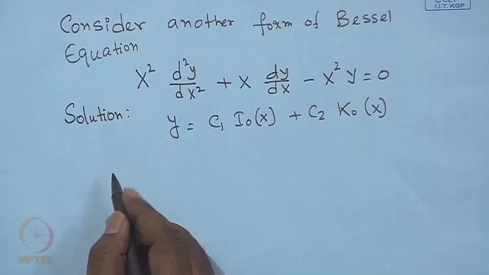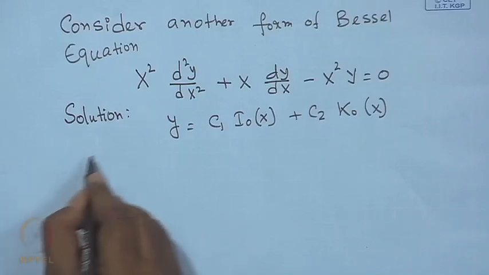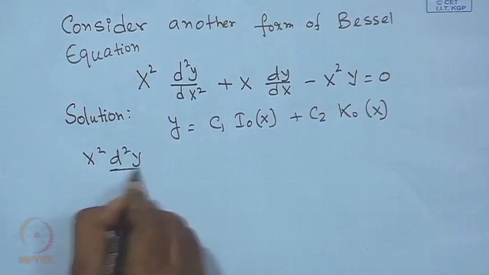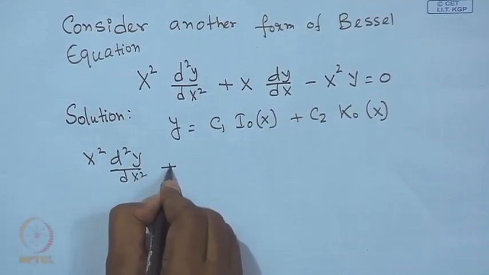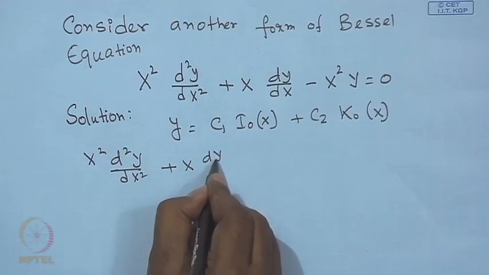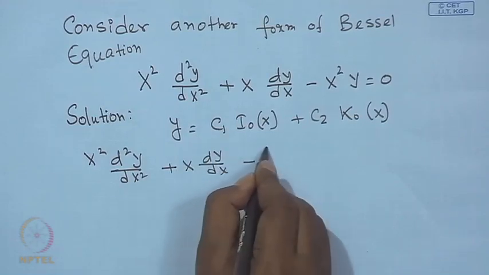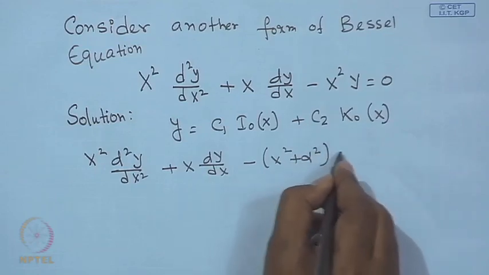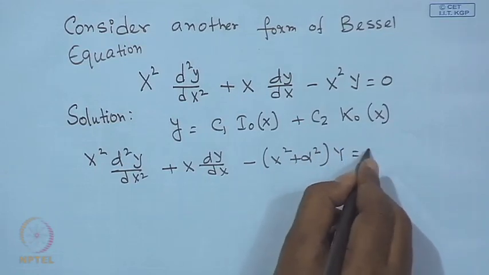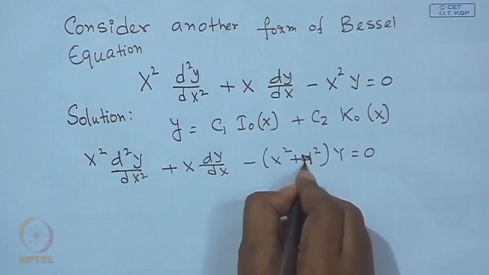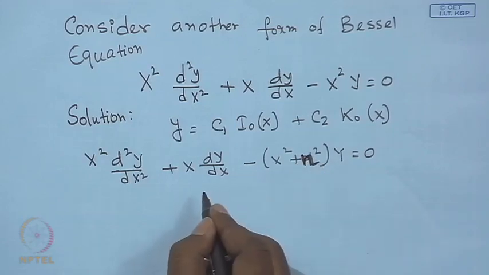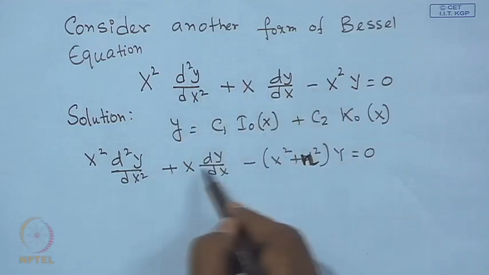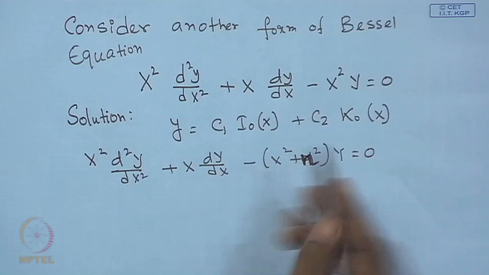Now, for a general form x square d square y dx square plus x dy dx minus x square plus alpha square times y is equal to 0, let us say x square plus n square to make it more uniform. This equation is known as the modified Bessel equation.